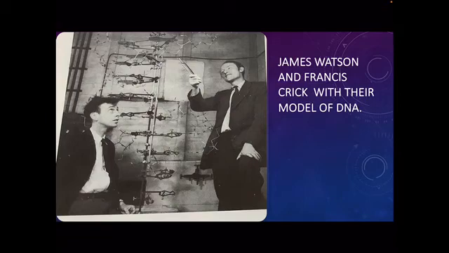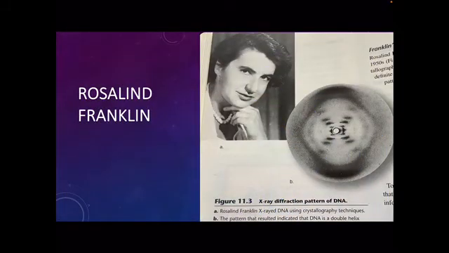James Watson and Francis Crick prepared the molecular structure, but they did not have an idea of which shape and structure it was. After that they took help from Rosalind Franklin, who got the X-ray diffraction pattern of the atomic structures of the molecules. So this is the DNA atomic structure, the X-ray diffraction pattern.